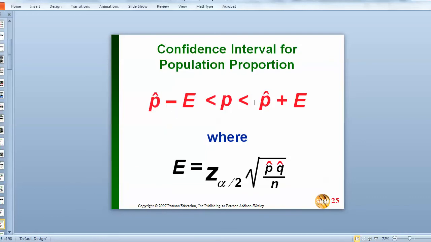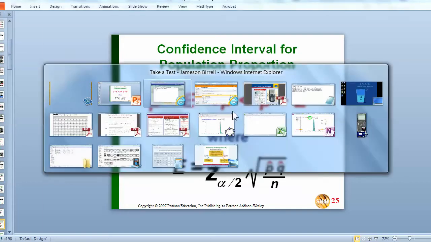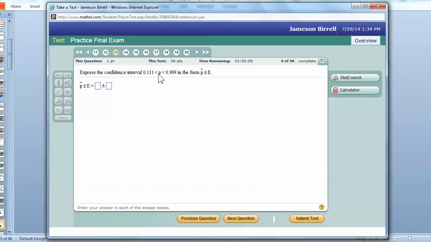But then we create our interval. Okay, so we're already looking at this number and this number that are netting, they're going around p. So they turn out to be 0.111 and 0.999.